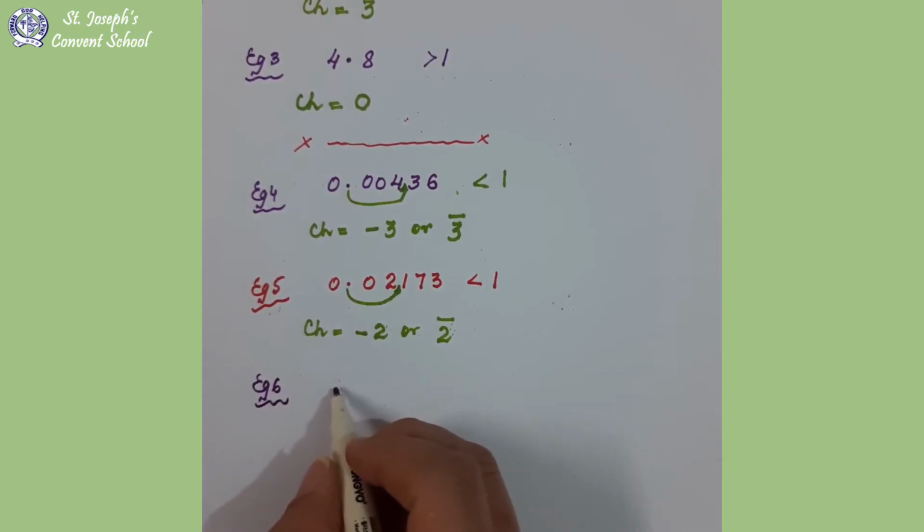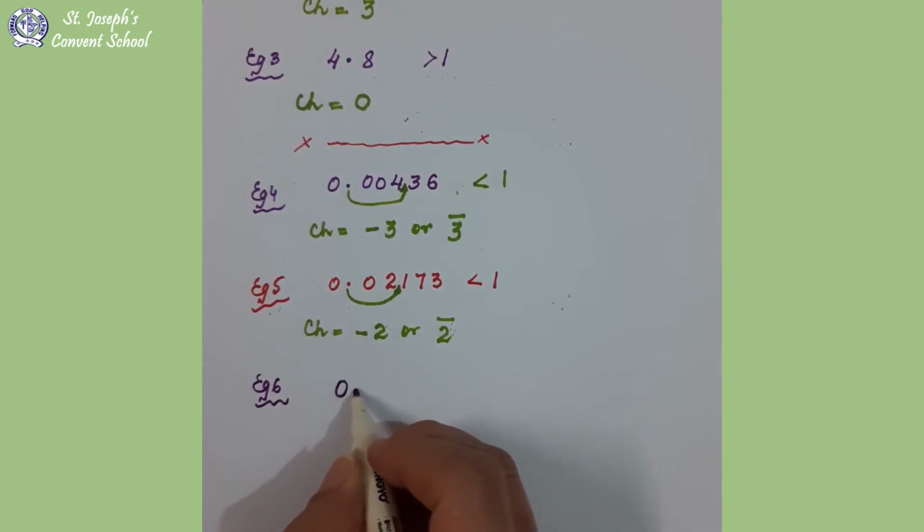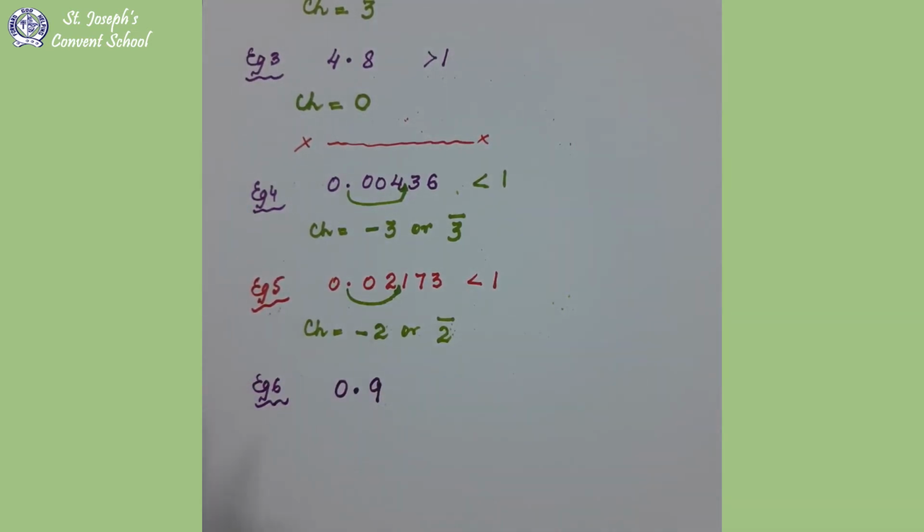Suppose the number is 0.9. In this case, again, 0.9 is less than 1, so you will get a negative characteristic.